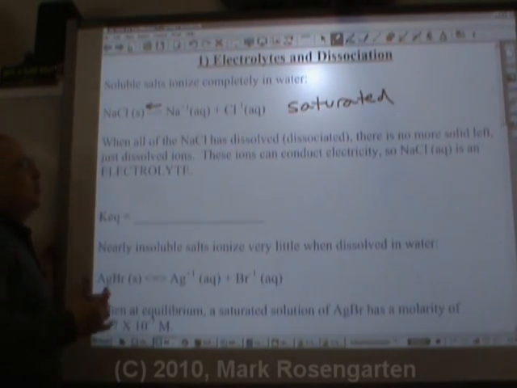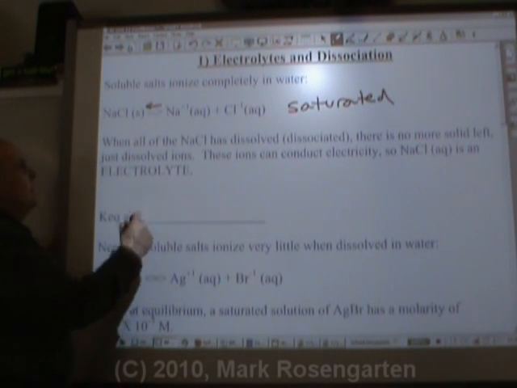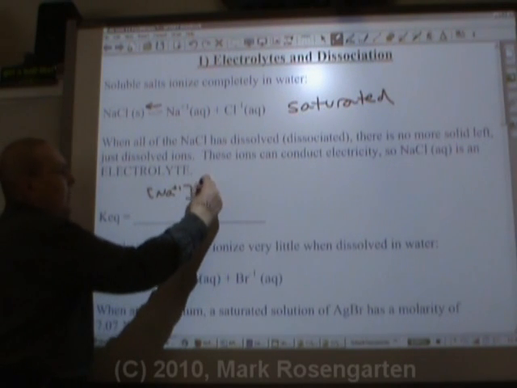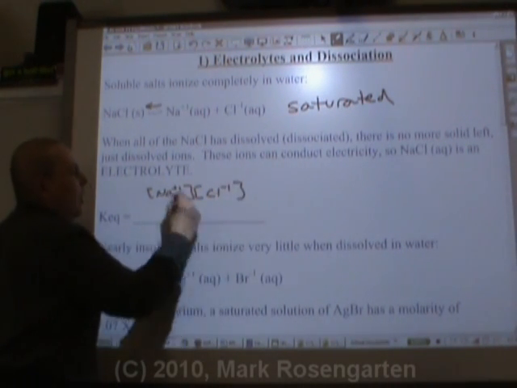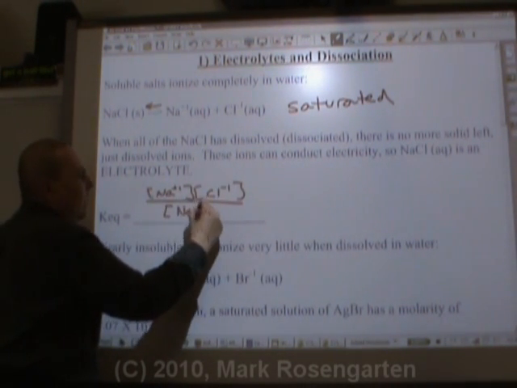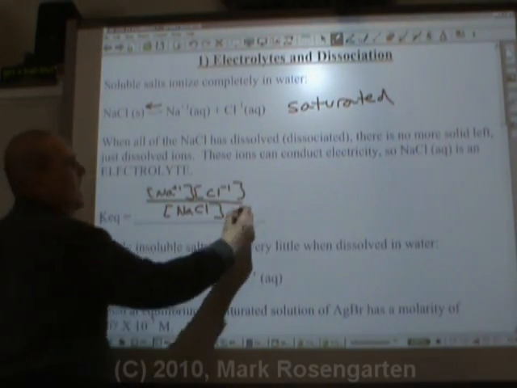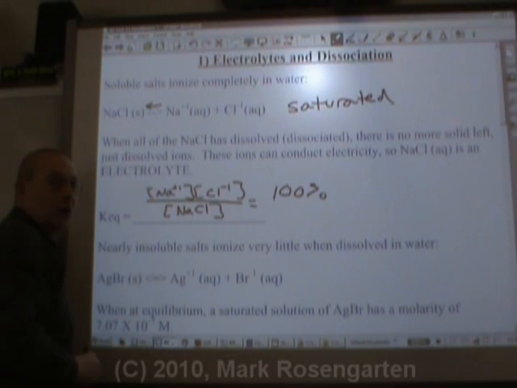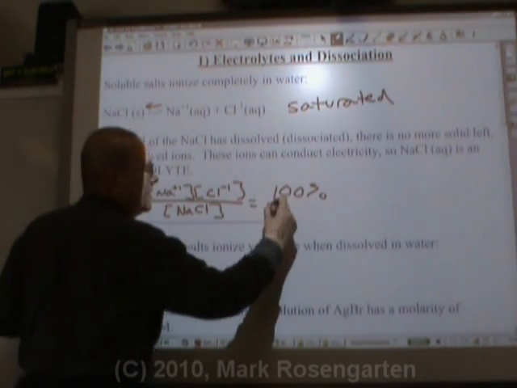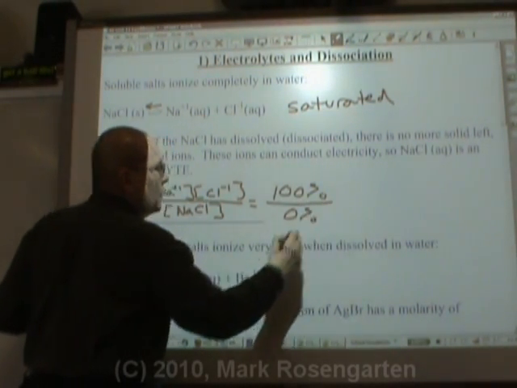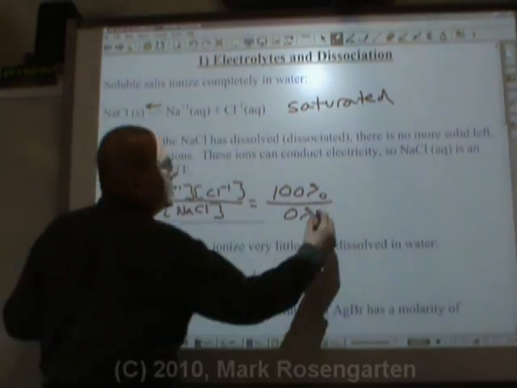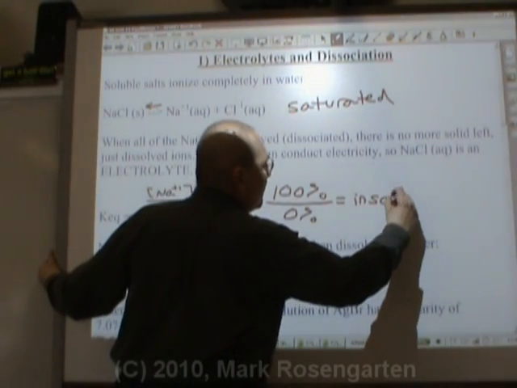Now, since KEQ equals products over reactants, since it equals the Na plus 1 times Cl minus 1 over NaCl, if the NaCl makes up 100% of our mixture, and the NaCl solid makes up 0%, what do we say a number divided by 0 comes out to? Yeah, undefined. Why? Because it's insanely large.